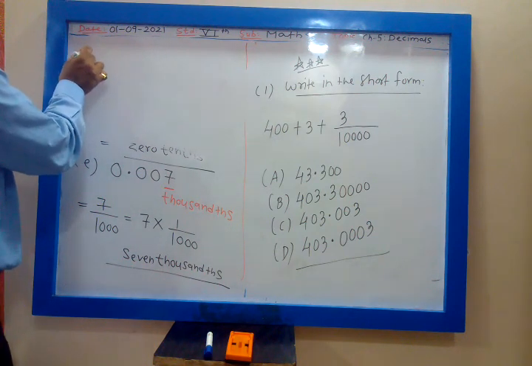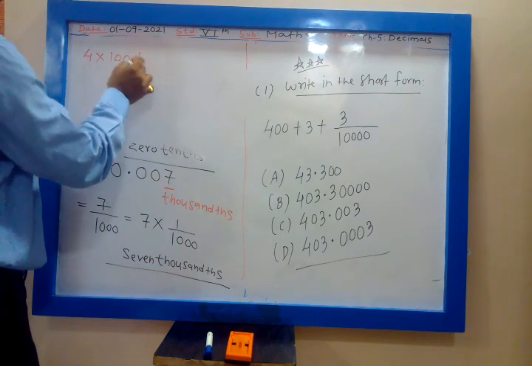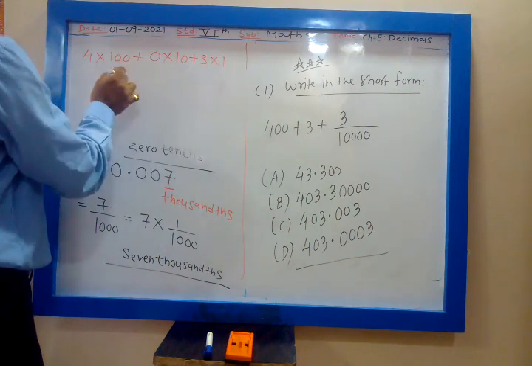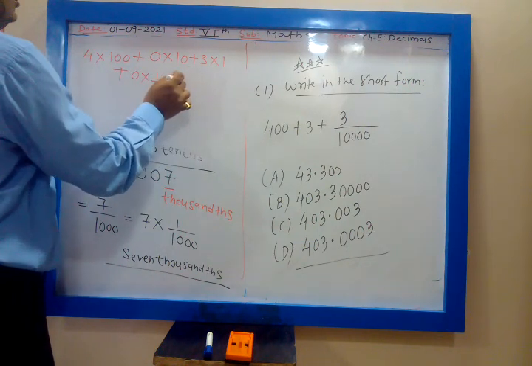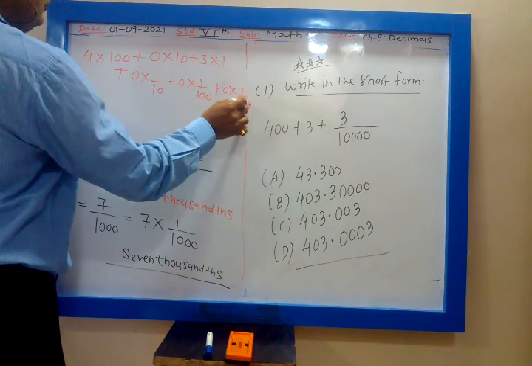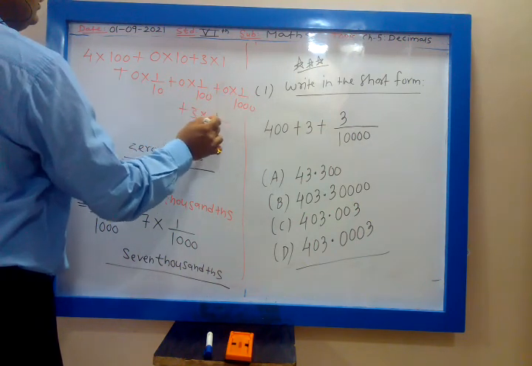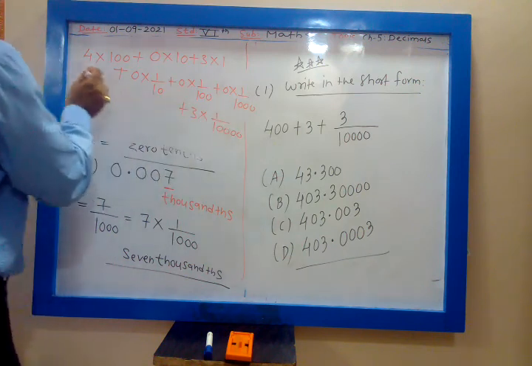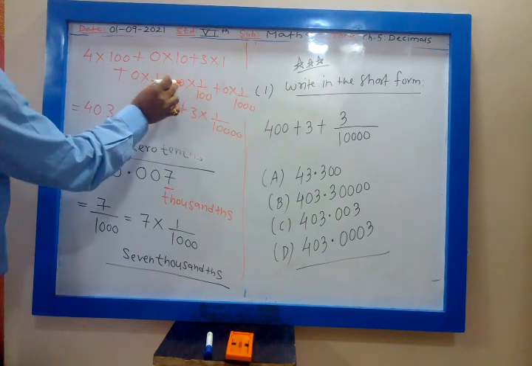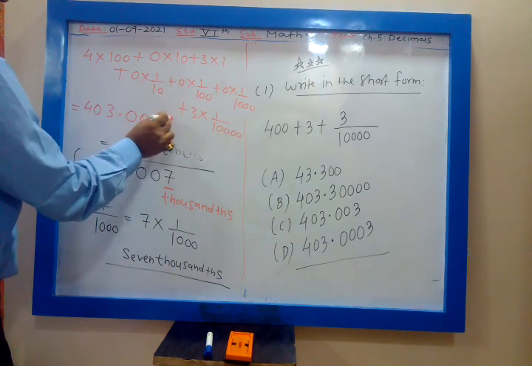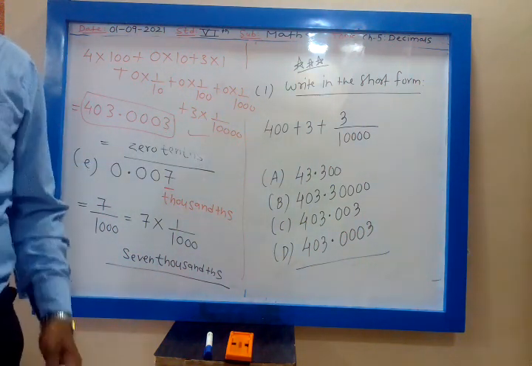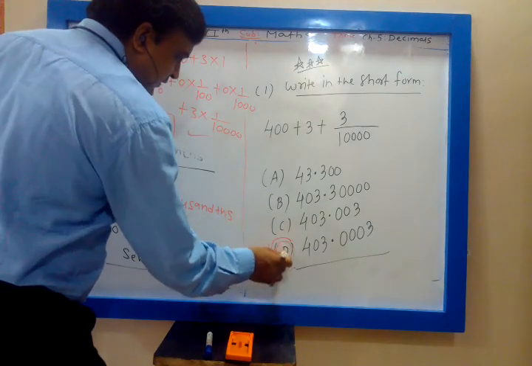So 4 into 100 plus, now 10 is not there, 0 into 10 plus 3 into 1 plus 0 into 1 upon 10 plus 0 into 1 upon 100 plus 0 into 1 upon 1000 plus 3 into 1 upon 10,000. Now let us place the decimal. So this is 403.0003. This is the answer. D is the correct answer.